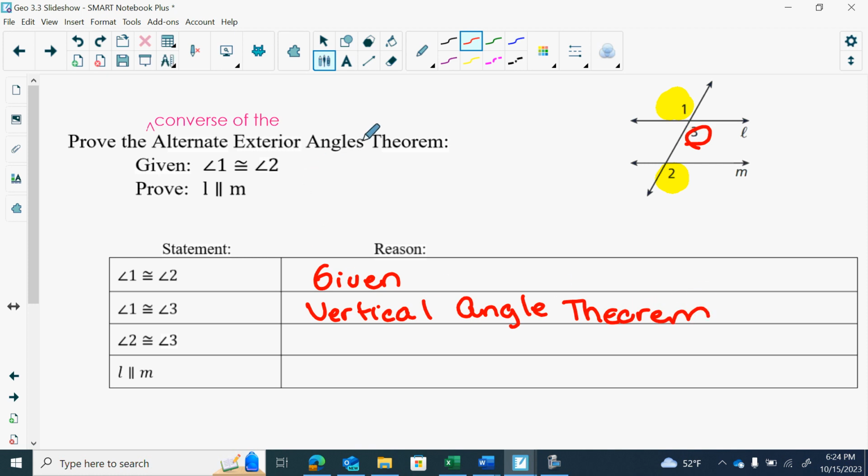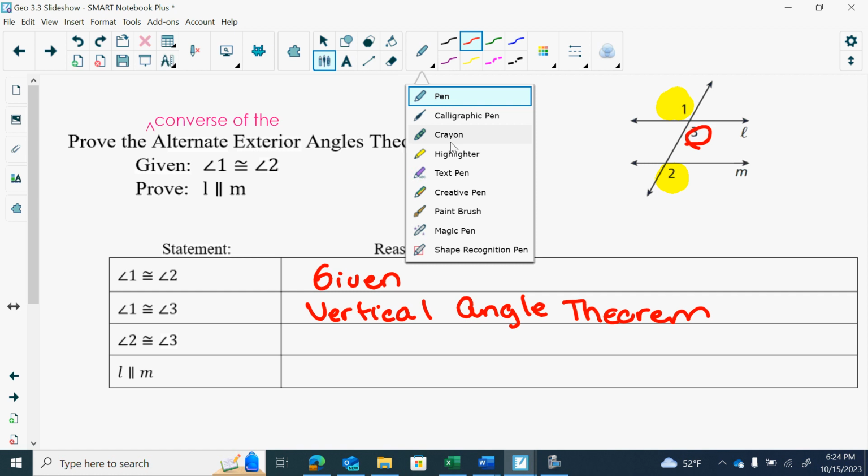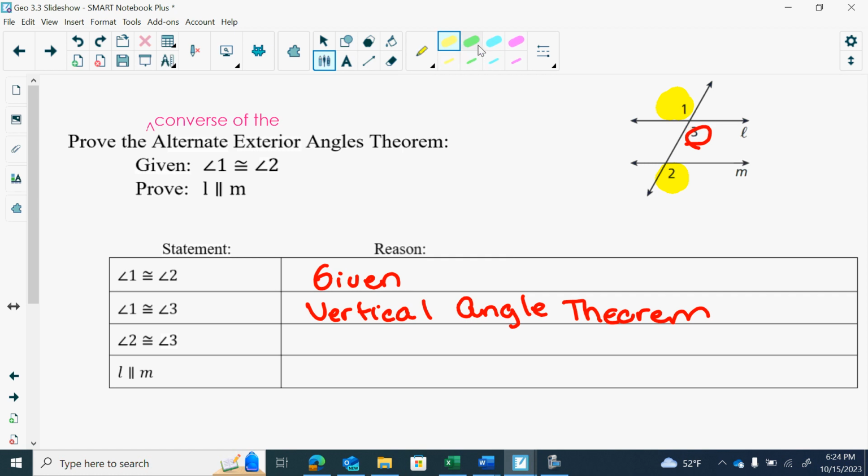And then I can pull either substitution or transitive property. Given the way these two statements are written, I know I've talked about this in the past, especially when we first did proofs, that technically in order for this to be transitive property, we would need one more line here. So I don't necessarily like using transitive property here. I would rather have this third statement be angle 3 is congruent to angle 2 to use transitive property.